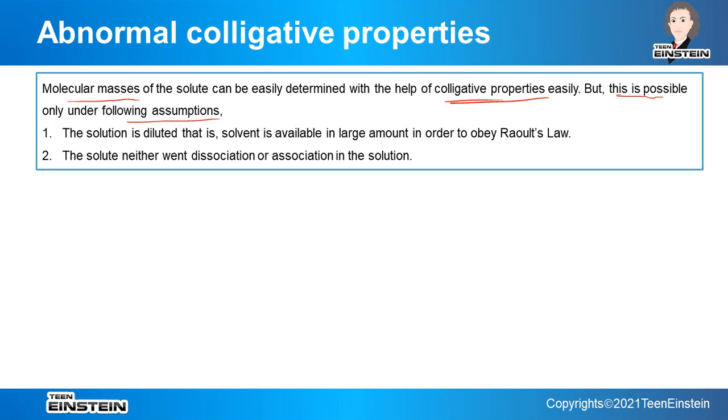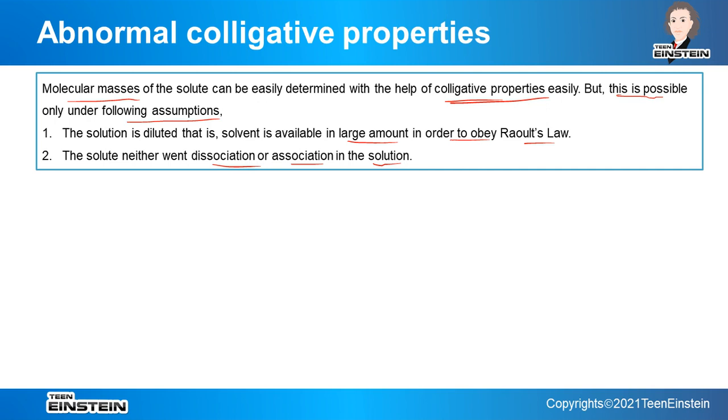So what are those assumptions? First of all, the solution is dilute, that is, the solvent is available in large amount so that it can obey Raoult's law. And the next important thing, the solute undergoes neither dissociation nor association in the solution, because colligative property depends on the number of particles of the solute, not on the nature of the solute.